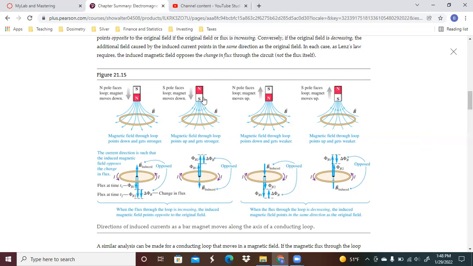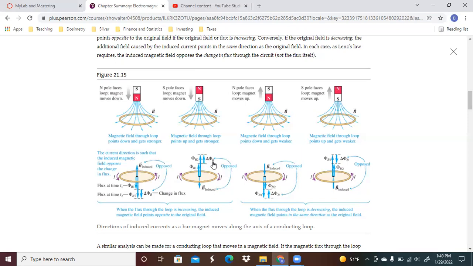If you take the south pole of that magnet and move it down towards this, you're going to see that there is a change in the magnetic flux in this direction. So you're seeing that the change goes from here up to here.